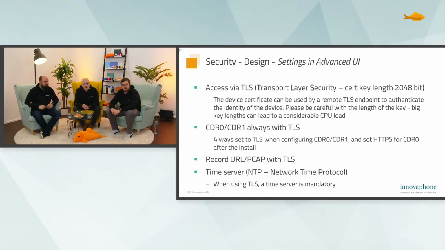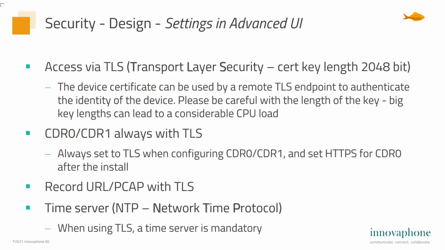Well, we also have access via TLS, transport layer security. There you have different keys that you can use, and we advise to use a key that is not bigger than 2 kilobit.